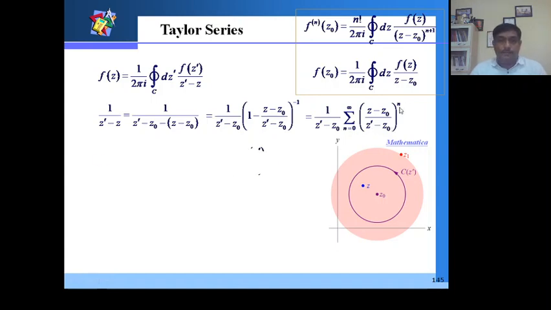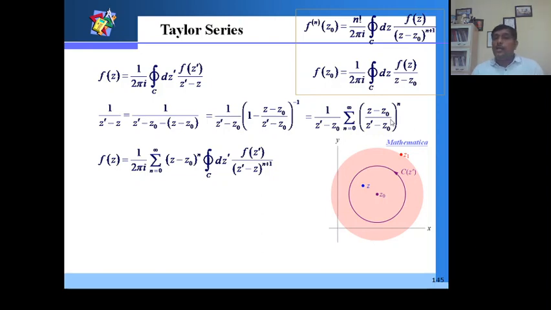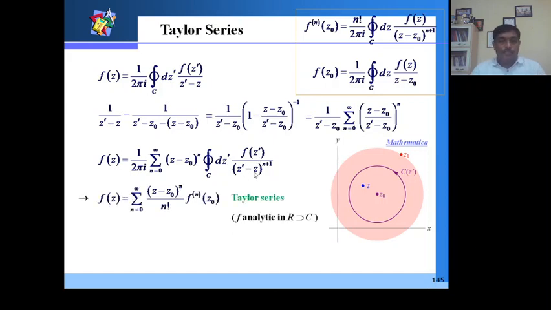We can bring that inside, then f of z is equal to 1 by 2 pi i summation n from 0 to infinity, z minus z naught to the power of n being a constant, we can take it outside, integral over C of f of z dash divided by z dash minus z naught to the power of n plus 1.